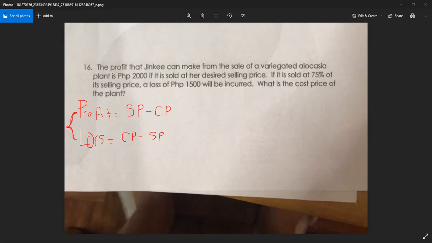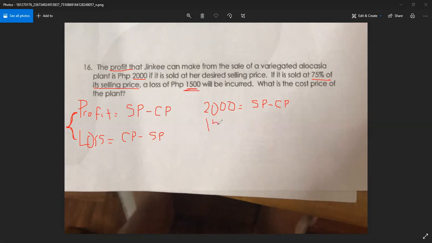Profit. It says here that the profit is 2,000 pesos, correct? So in that case, 2,000 is equal to selling price, SP, minus CP, cost price. Next, if it is sold at 75% of its selling price, the loss is 1,500.